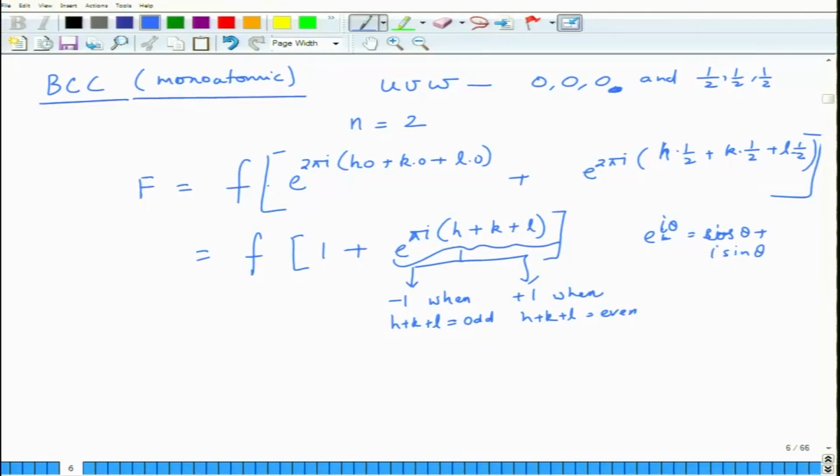So when h plus k plus l is odd, say 1, this will become cos pi plus i sin pi. Sin pi is 0, cos pi is minus 1, so this will become minus 1. Similarly cos 3 pi, cos 4 pi, cos 5 pi, and so on. When it is even, it will be plus 1.